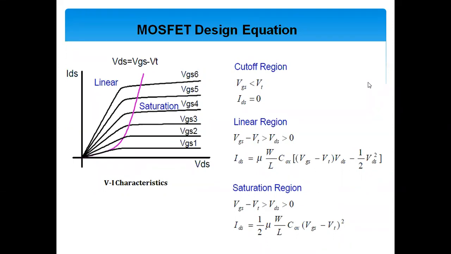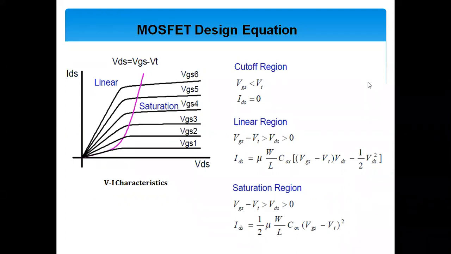Now for the linear region, what is the equation? Or first, what is the condition to operate the MOSFET in the linear region? VGS minus VT must be greater than VDS, and it must be greater than 0, right?